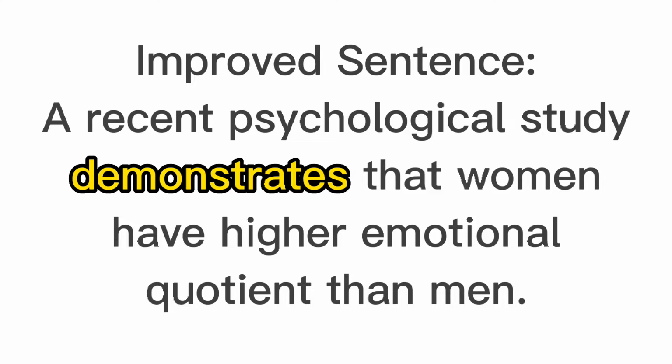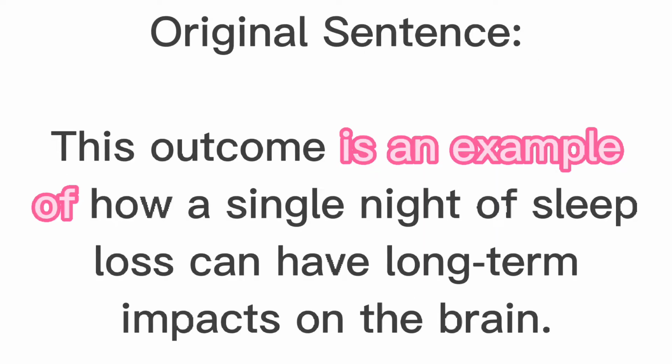Let's take this original sentence: This outcome is an example of how a single night of sleep loss can have long-term impacts on the brain. Now, let us improve this one and try to think what verb or verb phrase can be used in lieu of is an example of.